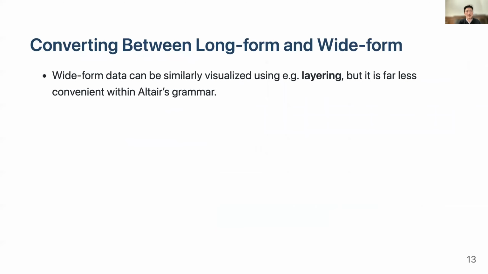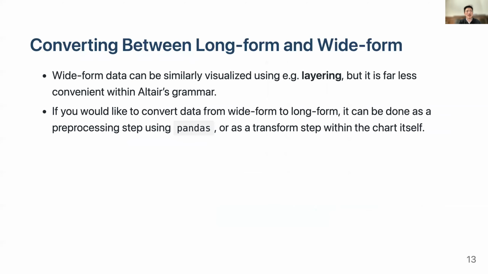Usually that's not as convenient as using one chart to do it. You can convert from wide form to long form inside pandas, or in the chart itself, using Altair.